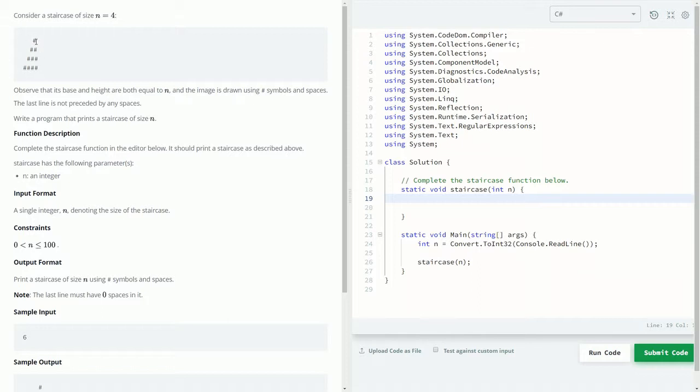The staircase is made of these pound signs. The staircase is supposed to be right aligned, and our integer denotes the height and the width of the staircase. So we'll only be dealing with square staircases in this challenge, which makes it really not too bad.